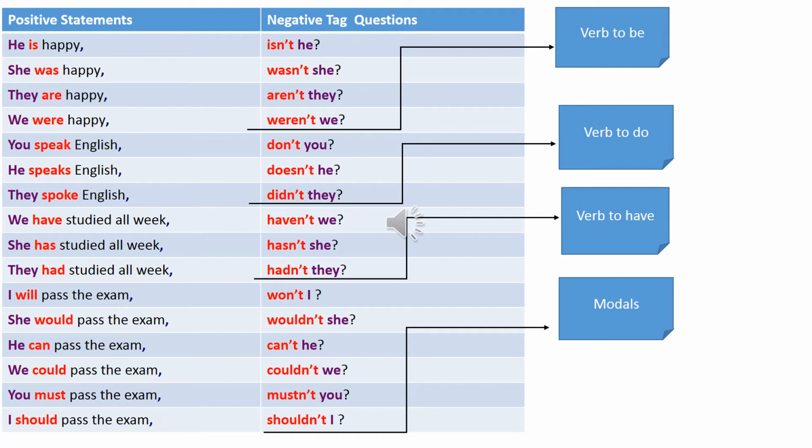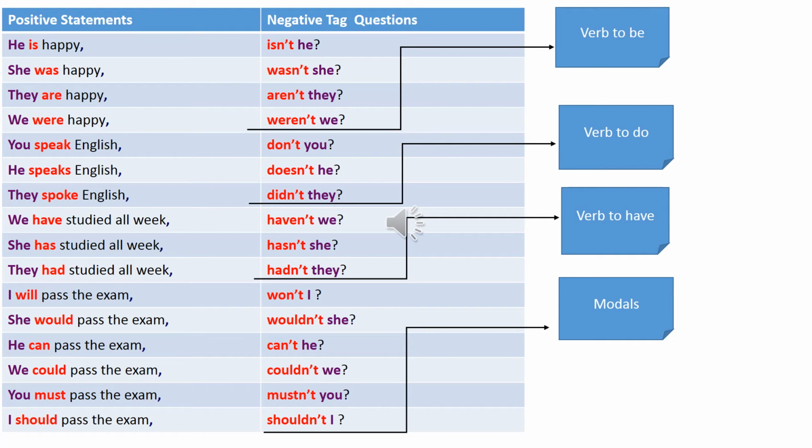Okay, let's continue. We have studied all week. This sentence is in present perfect. Why do we have have here? We have. We don't say we has because the subject is plural.